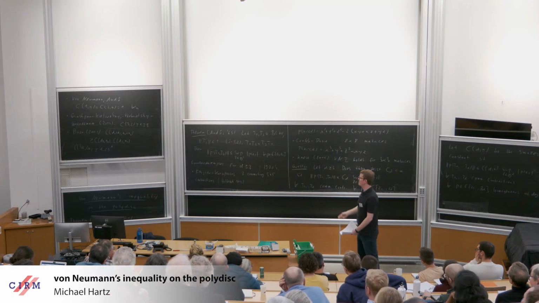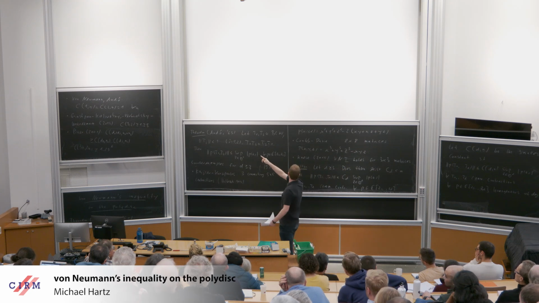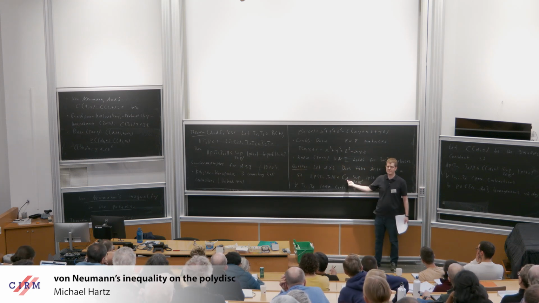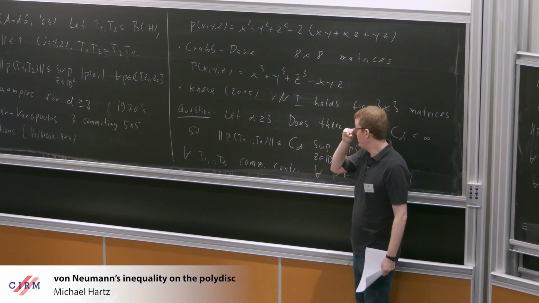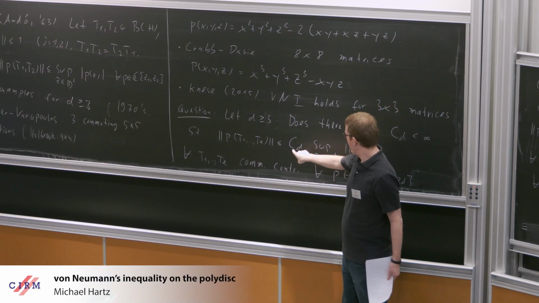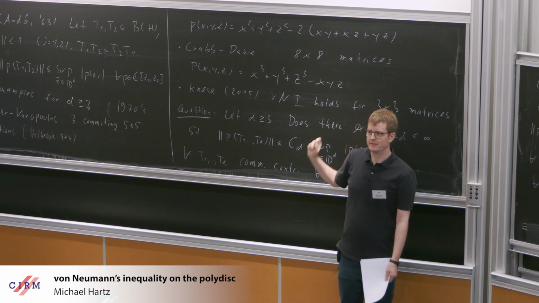These constants C_{d,n} are always at most as big as these constants C_d, and so this tells you that if such constants C_d exist at all, then they have to grow exponentially in d.